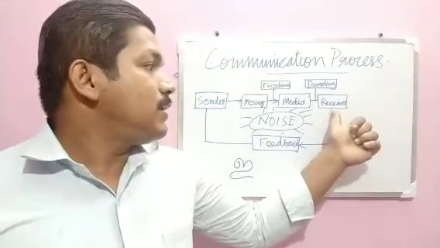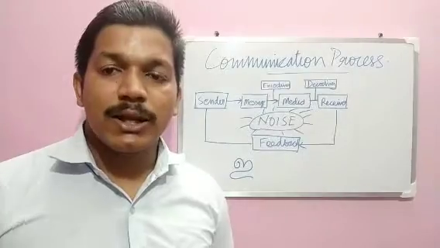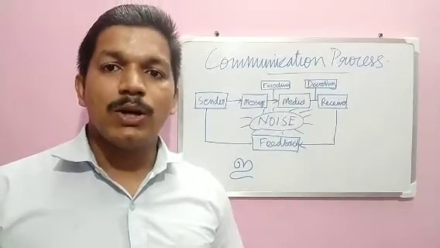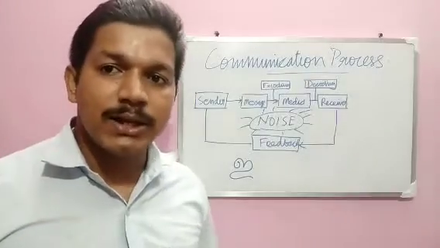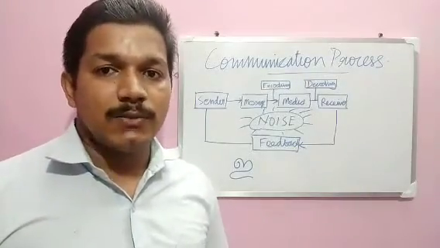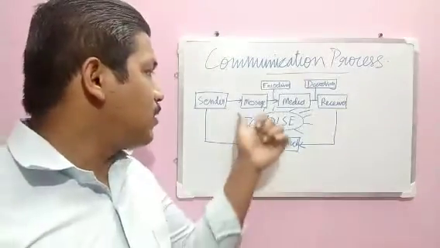Then there is a receiver. The receiver is the person who listens to or gets the message. So the person who sends the message is the sender, and the one who is getting the message is called the receiver. Then after receiving it, there is feedback.